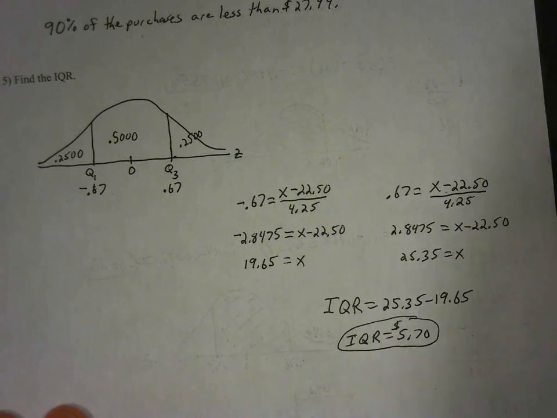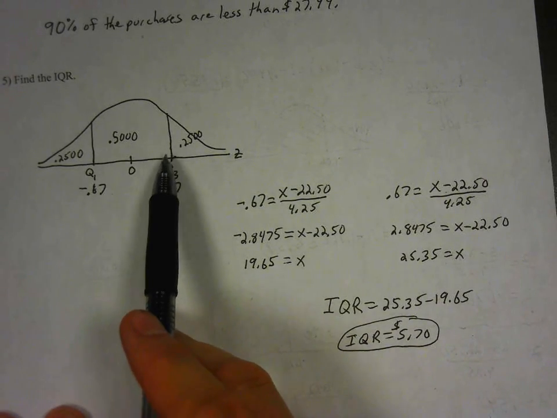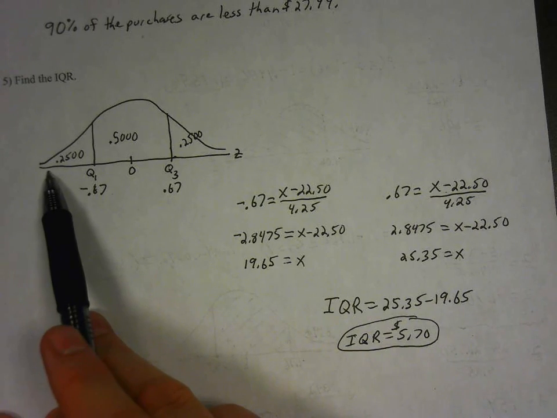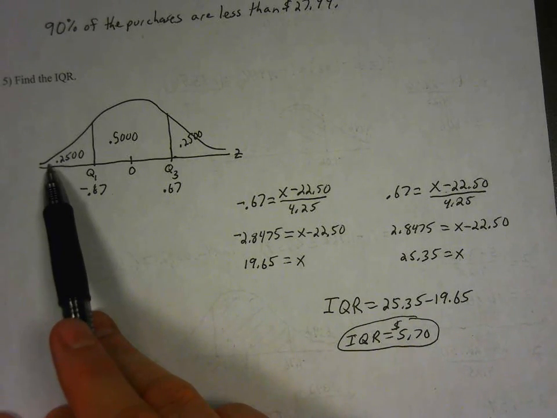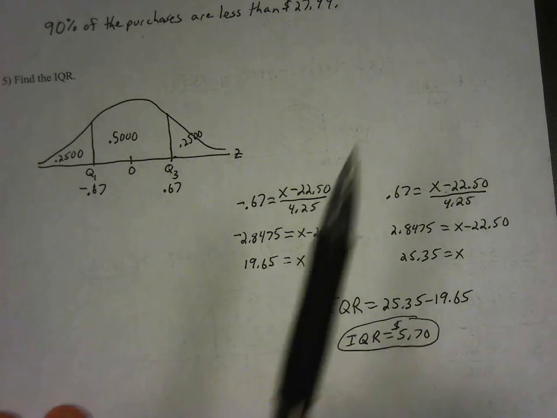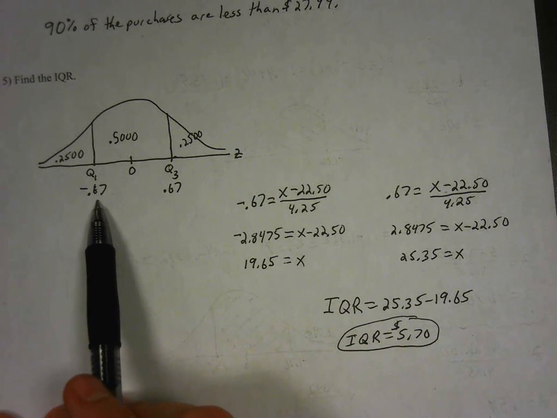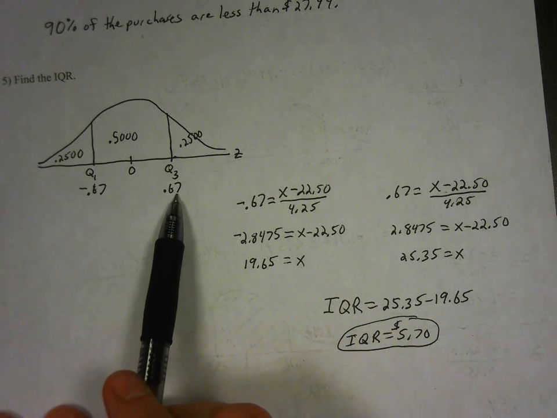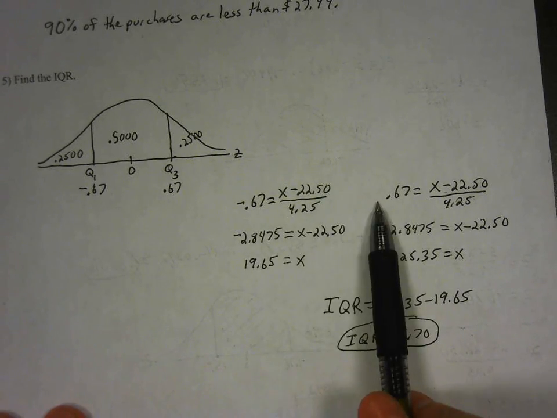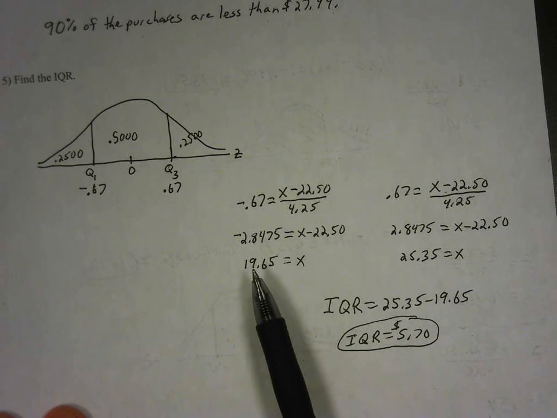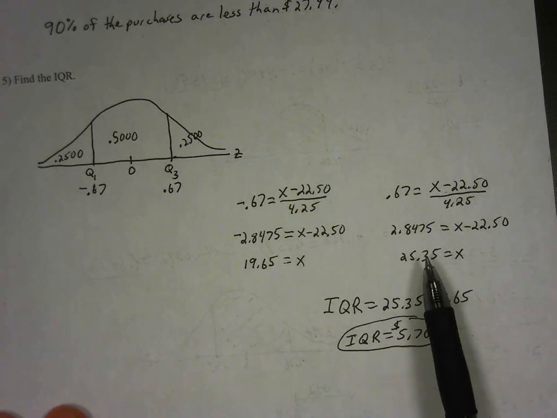What you look up is either 0.7500 in the body of the table, or 0.2500 in the body of the table, and you'll see z-scores of positive 0.67 or negative 0.67. You plug those in separately into your equation for z, and that gives you 19.65 and 25.35 for the x values.